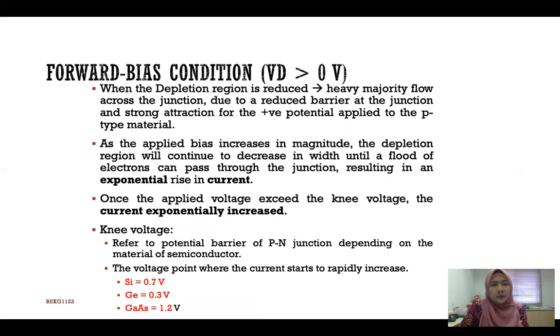So as the applied bias increases in magnitude, the depletion region will continue to decrease in width until a flood of electrons can pass through the junction, resulting in an exponential rise in current.